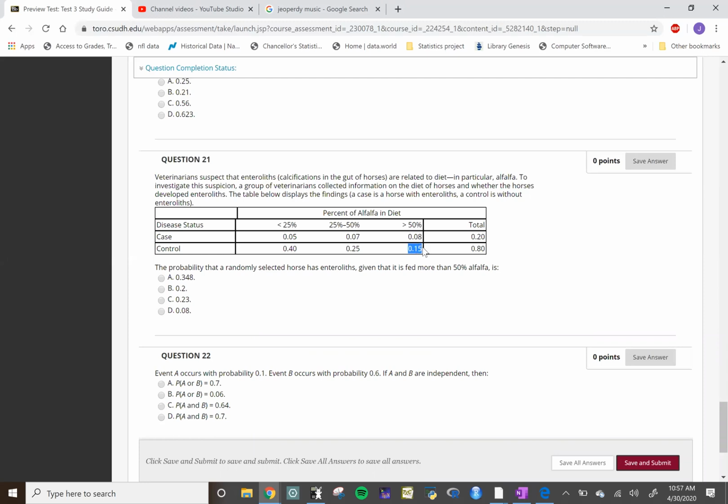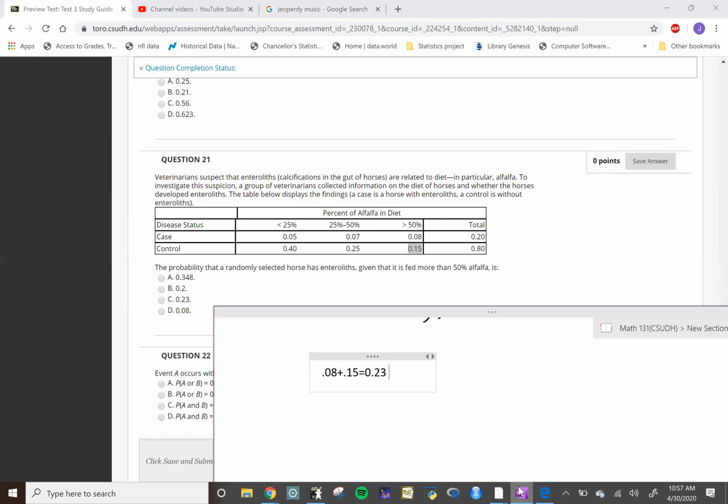What percentage of horses have that disease in this part that I'm circling? Well, only 0.08. So you do 0.08 divided by the total, which is 0.23, and you get that.